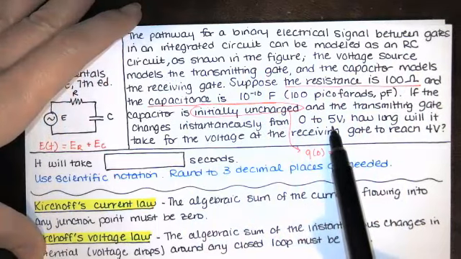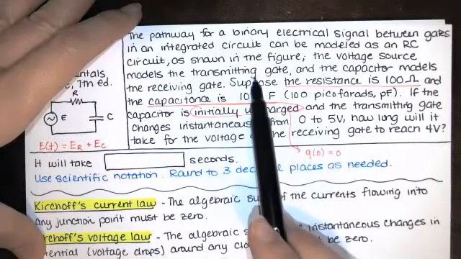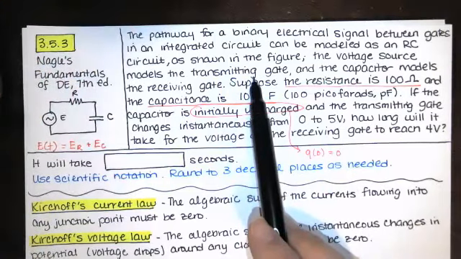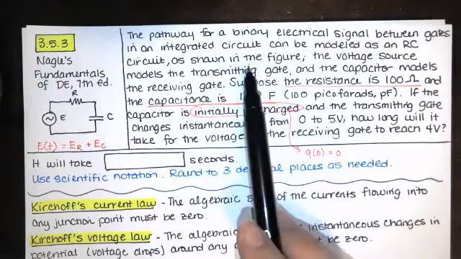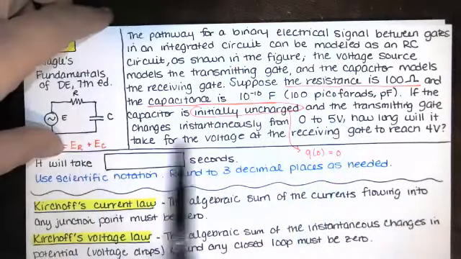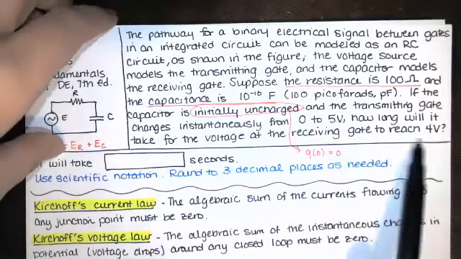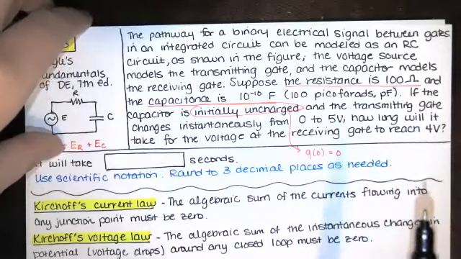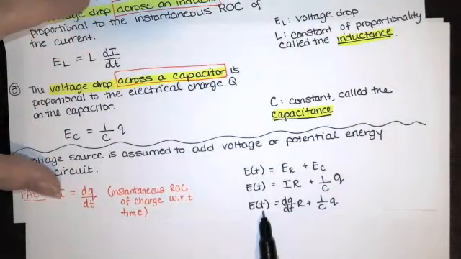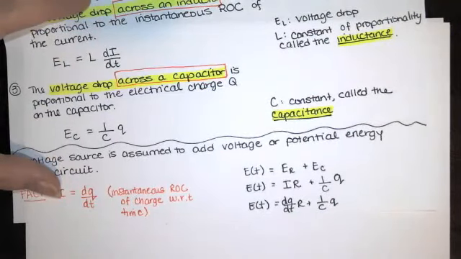So at time t equals 0, immediately we've got a voltage source of 5 volts. So we're thinking of E is equal to 5. And then they're asking us how long will it take for the voltage in the receiving gate to reach 4 volts? And we'll get to that in a little bit, but we know that E of t is equal to 5. We know what R is, we know what C is. We can just substitute those into the differential equation and then solve for Q of t.